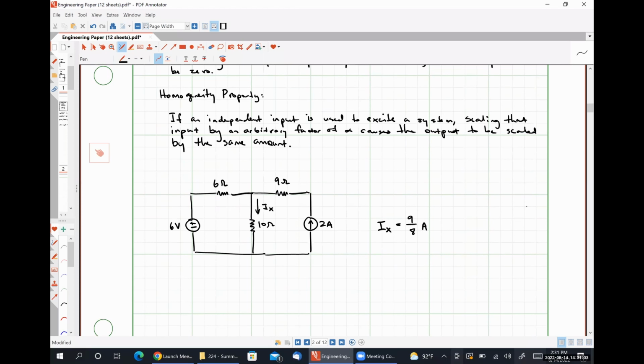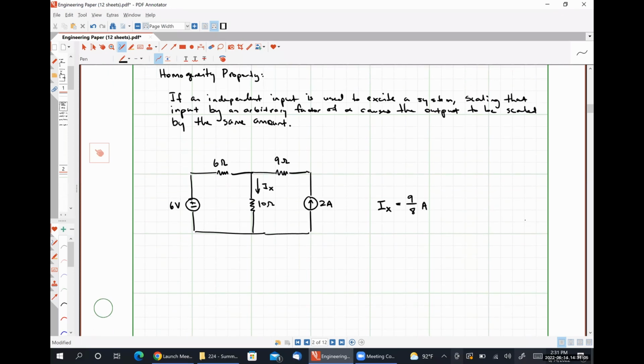What the homogeneity property states is that if I scale my inputs by an arbitrary factor, let's say 2, my output should scale by the same amount.